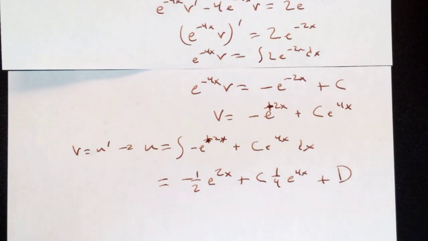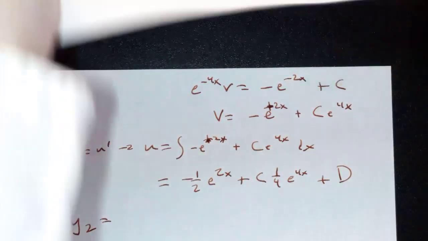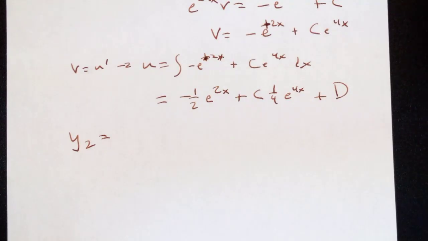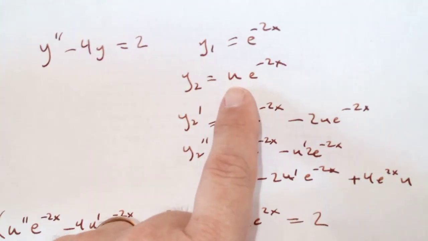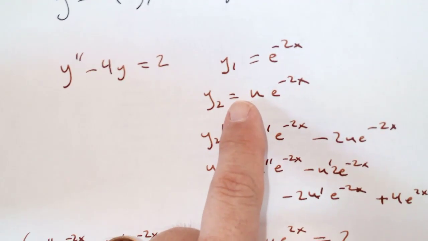That's u. What's y2? I said we have to work our way all the way back to y2. What's y2? Not using the formula, I'm just using the substitution. It's u times e to the minus 2x.